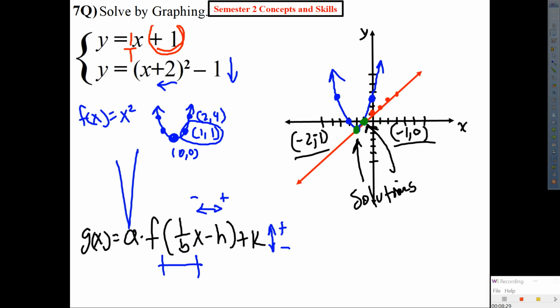It reads, solve by graphing. So the first thing I want you to graph is the linear function.